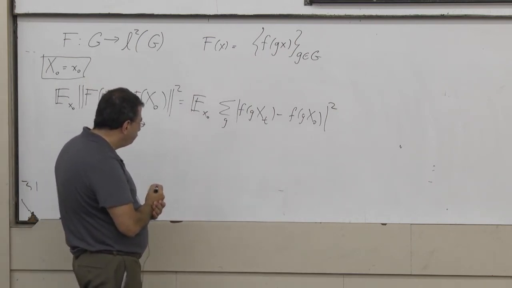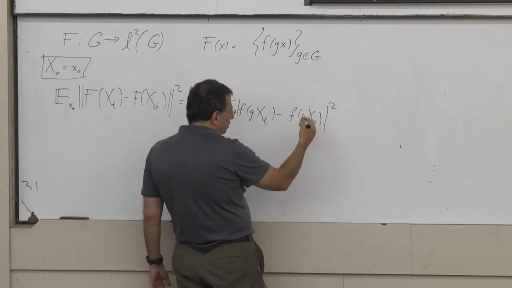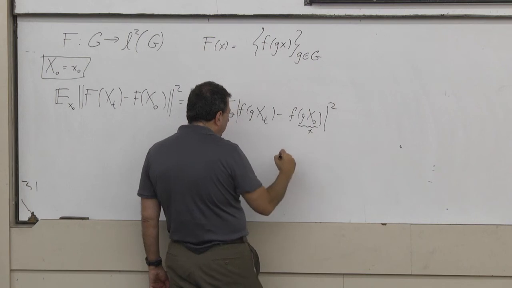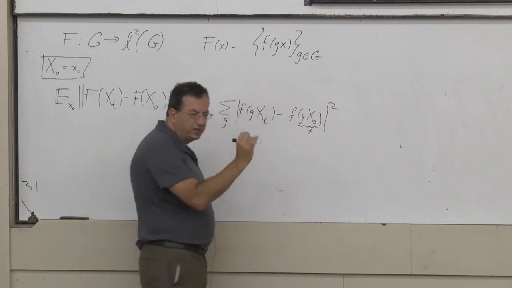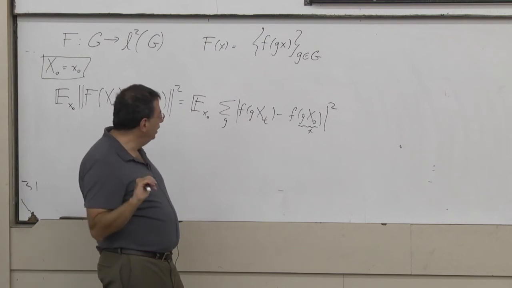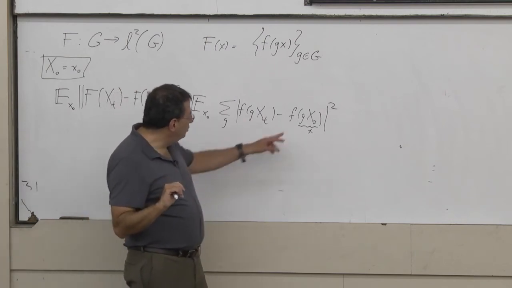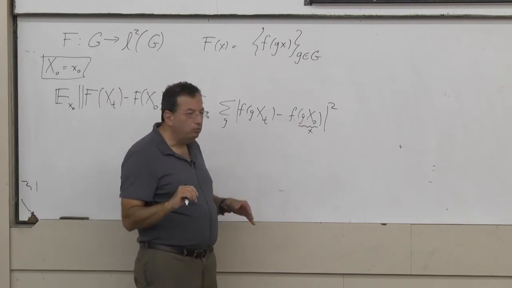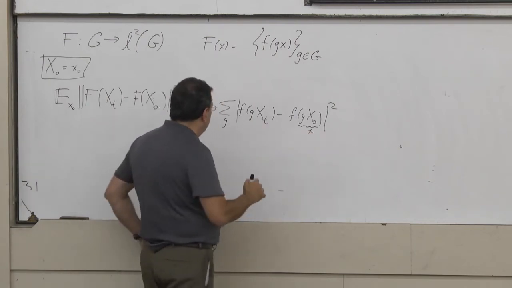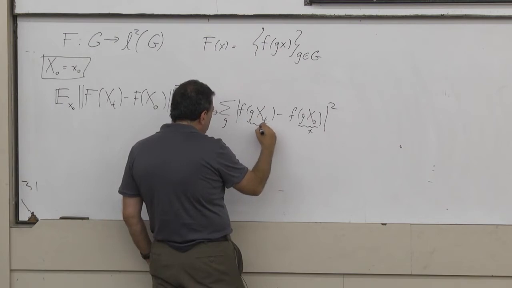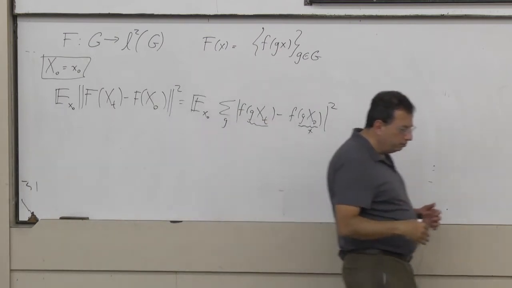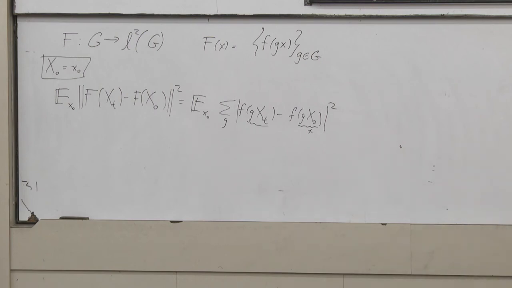Okay, I just wrote what capital F is and the definition of the L2 norm. Now, x0 is a fixed point, say the identity of the group, but it could be any fixed point. So as g runs over the group, g x0 also runs over the group. Call this x. This will be another index running over the group. Now the random walk I'm doing here, maybe I should have emphasized, is a right random walk on the Cayley graph.